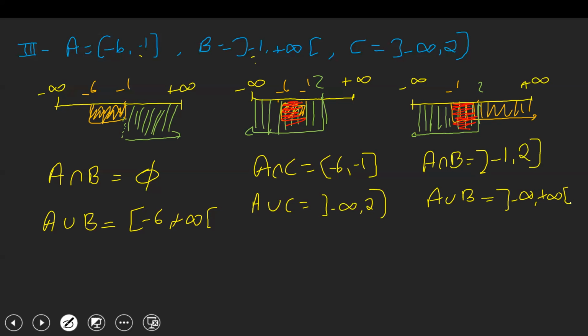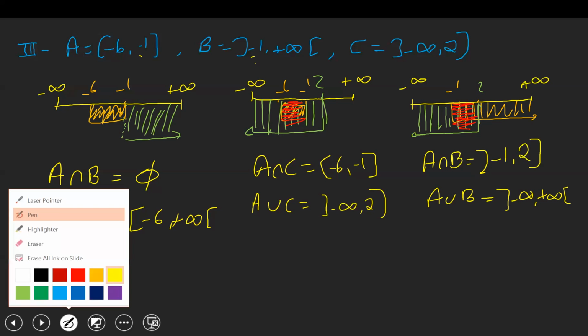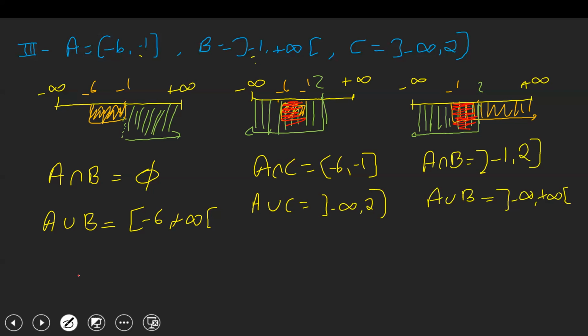Fine. Now, finally, we want to find A bar, B bar, and C bar. To do this, what do we mean by A bar? Not in A. If this is A, from -6 to -1, A bar is outside this area. We get two intervals here and here.